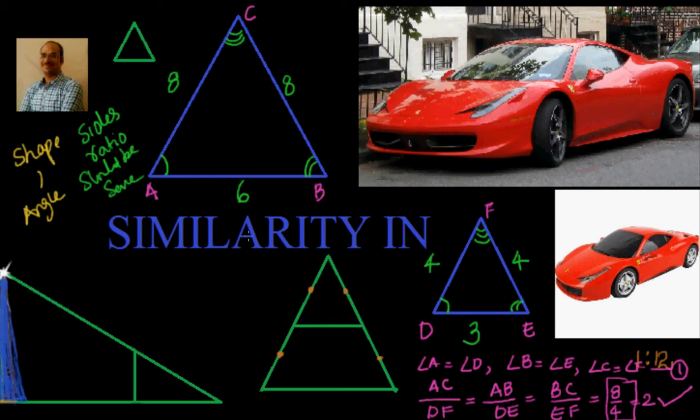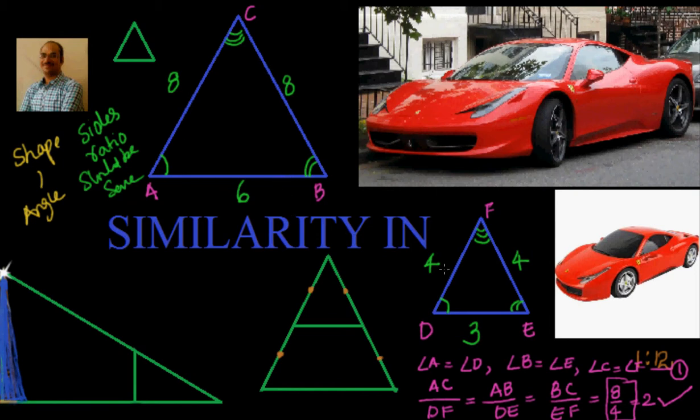Now can you tell me which triangles are generally similar? Equilateral triangles. Yes, all equilateral triangles are similar because they always have equal corresponding angles. We know that in equilateral triangles all the angles are 60 degrees, and all the sides are the same.